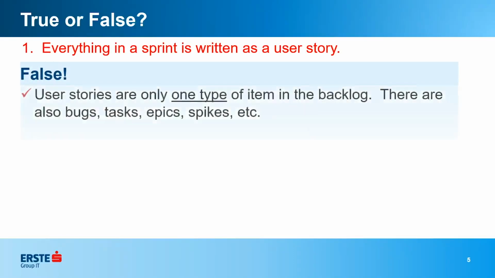Correct. User stories are just one type of item in the backlog. There's also bugs and tasks and spikes, and I should also mention that user stories are just one type of story. So there are user stories, spike stories, business stories. I'm not thinking of the rest of them, but yes, user stories are one item in the backlog.